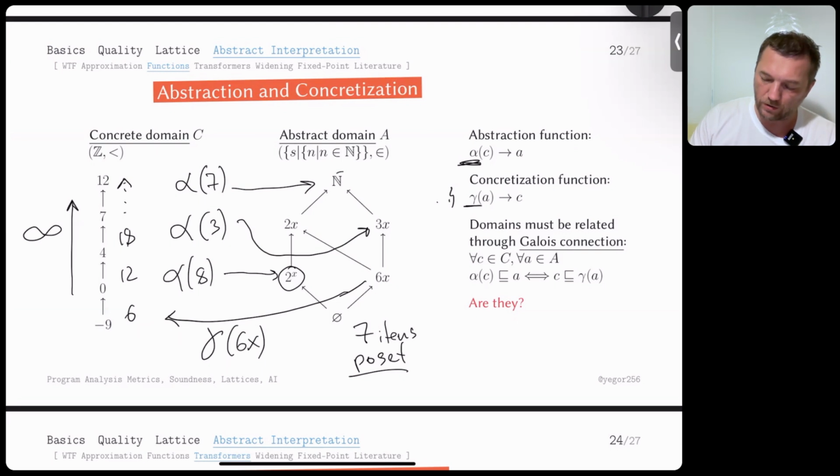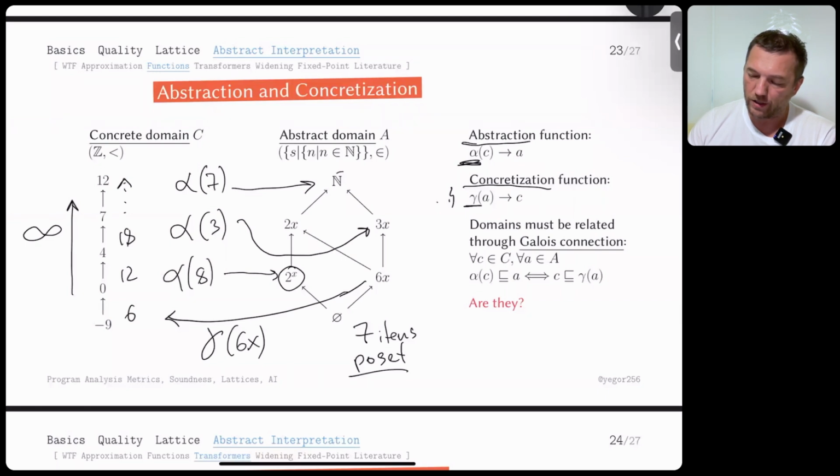The reverse mapping is from one element of the lattice to a number of elements in the left domain. So it's from one to one, and from one to many. That's how it works. So this is the abstraction function, which goes from left to right, and the concretization function goes back. And they say that the domains, the left and right, the concrete and abstract, should be related through a Galois connection.